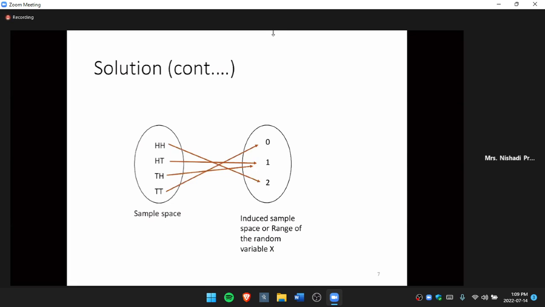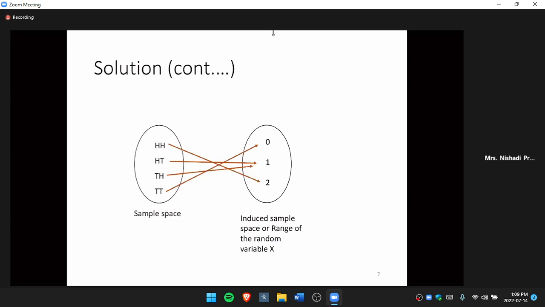Actually, on your left side, you have the original sample space for the experiment, that is tossing two coins. If you toss two coins, there are four possible outcomes: HH, HT, TH, or TT. So that is the original sample space for the experiment.